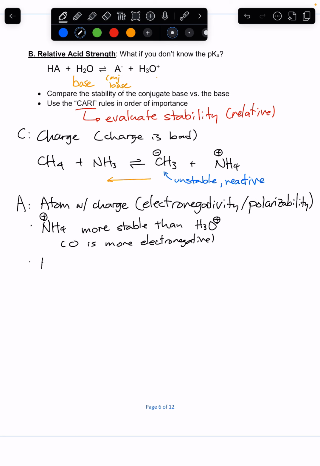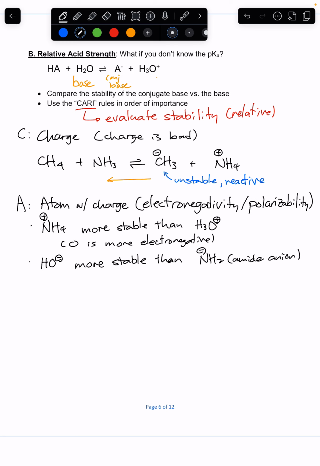Another combination we could think of, we could compare hydroxide ion versus an amide ion, or anion, where the negative charge is on the nitrogen. Well, hydroxide is more stable than amide anion. Why is that?